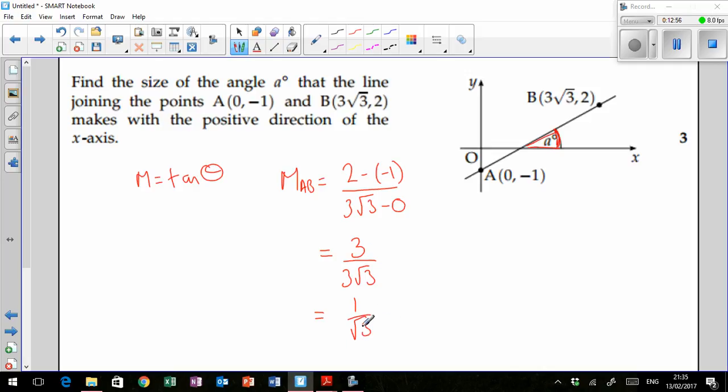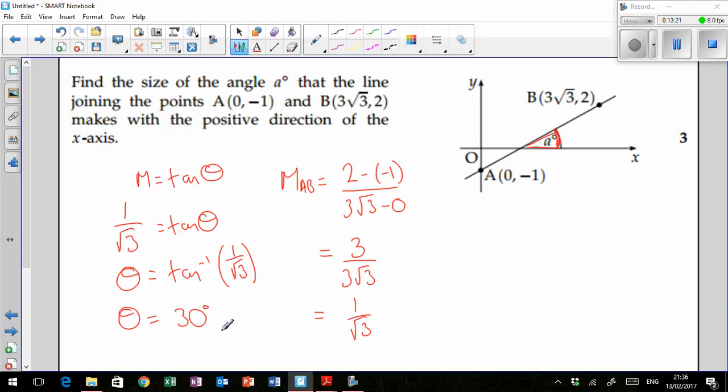So I know my gradient is 1 over √3, which means I can sub that in and work backwards to find theta. Theta is just going to be the inverse tan of 1 over √3, or what angle do I tan that gives me 1 over √3, and we know from our exact values that's going to be 30 degrees. Okay, so theta is 30 degrees.